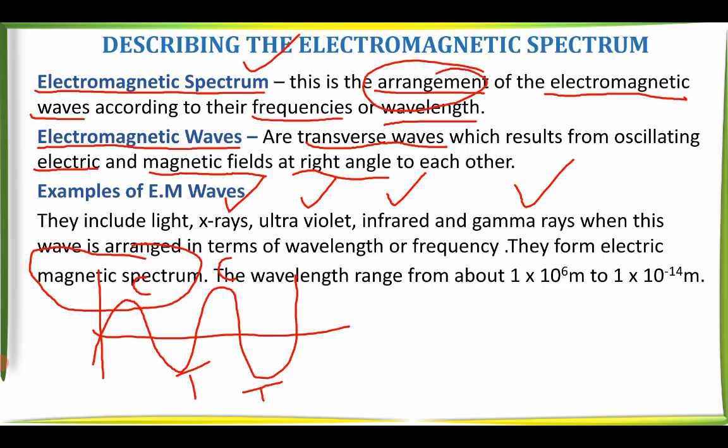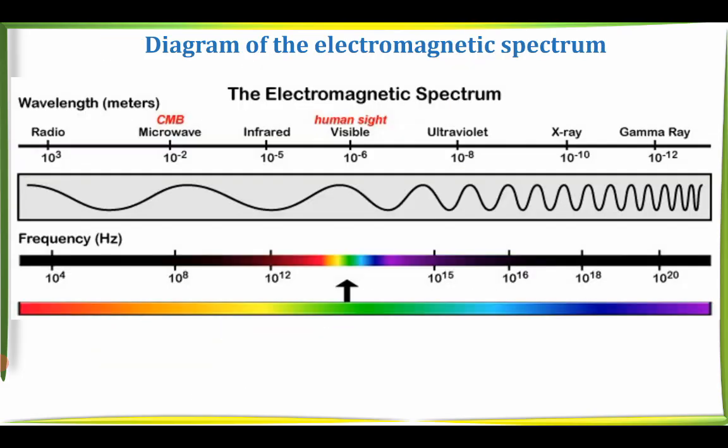This diagram here is used to represent the electromagnetic spectrum. We have two criteria that are used to arrange these electromagnetic waves.